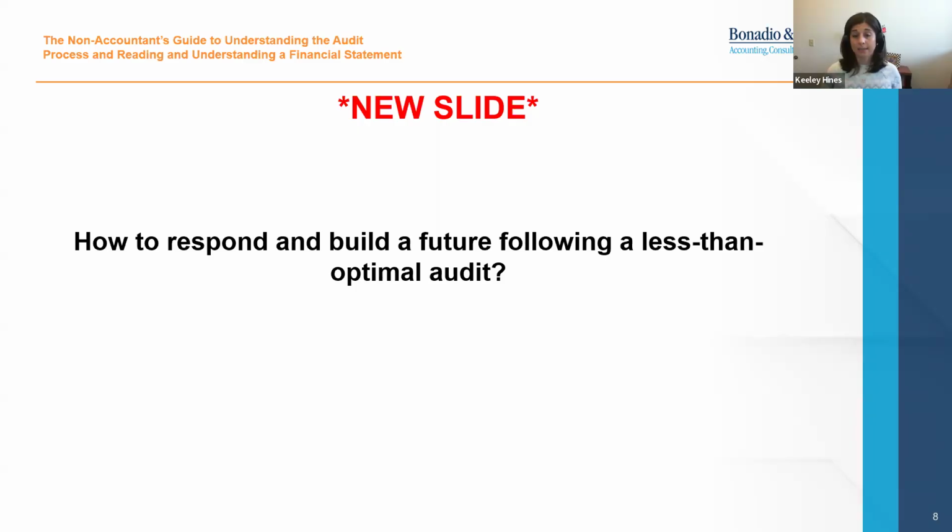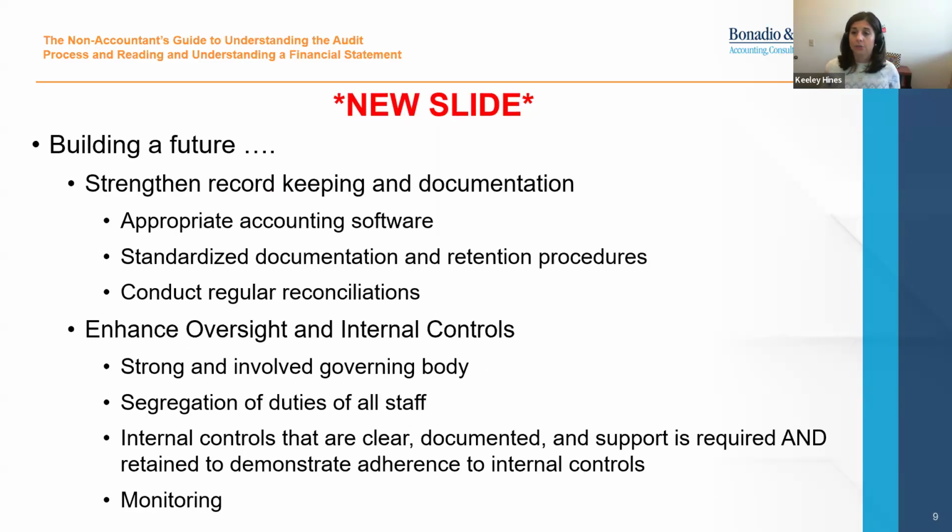Maybe based upon the testing, the auditor had to propose a number of adjustments to the actual numbers so that the financials complied with the accounting principles. Or maybe an audit was not completed at all. So we're going to talk about how do you get past that? How do you get over that hurdle to start to build a future for moving forward? So how do we move forward from there?